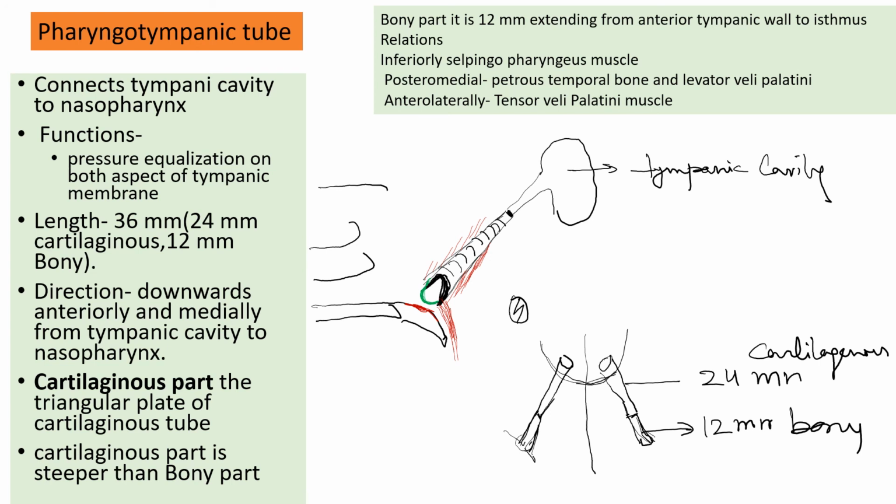So the tube is separated by the tensor veli palatini muscle from the otic ganglion.